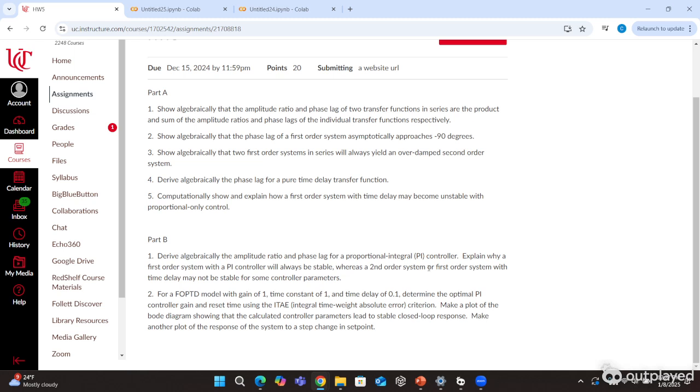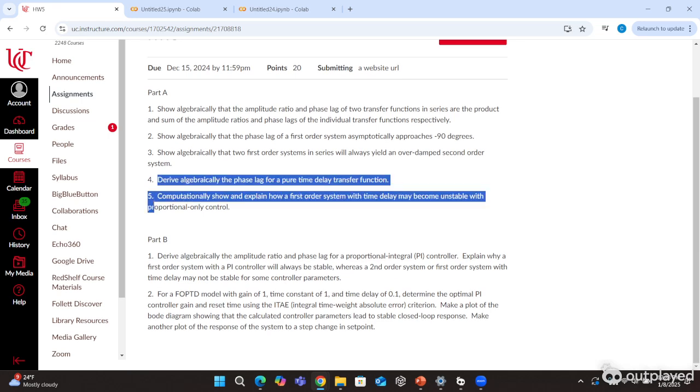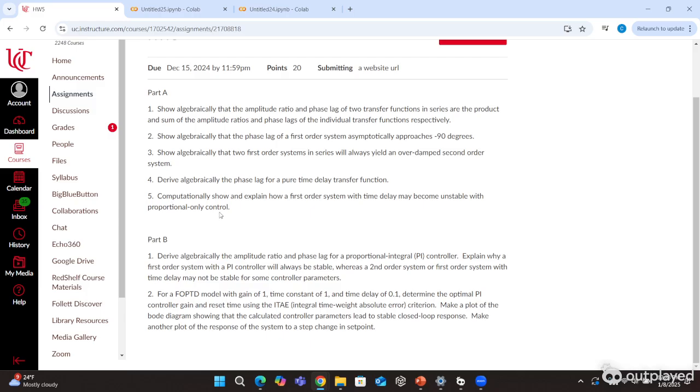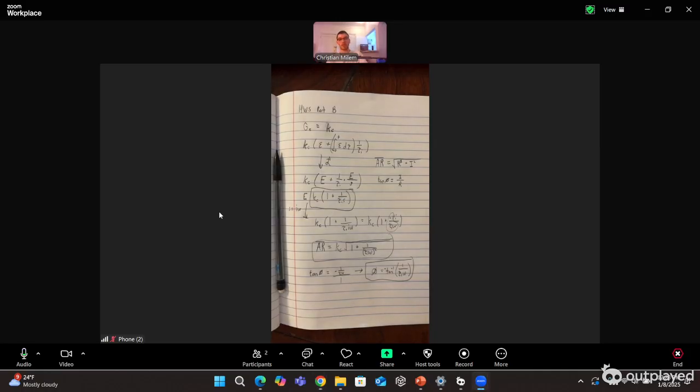And the same principle goes for our time delay, because we showed in part 5 that the time delay can basically just go to negative infinity. So regardless of what you're adding with this inverse tangent, the time delay will still mess up even a first order transfer function.